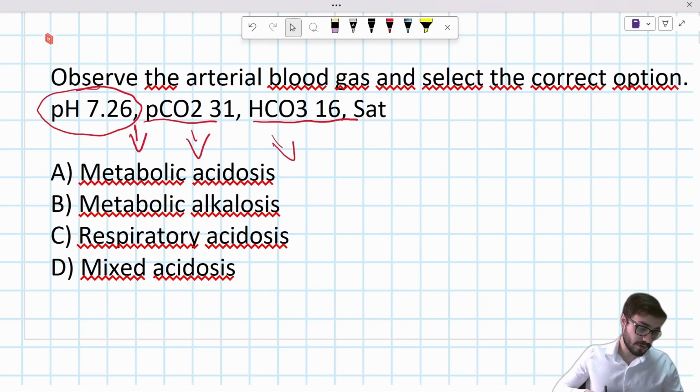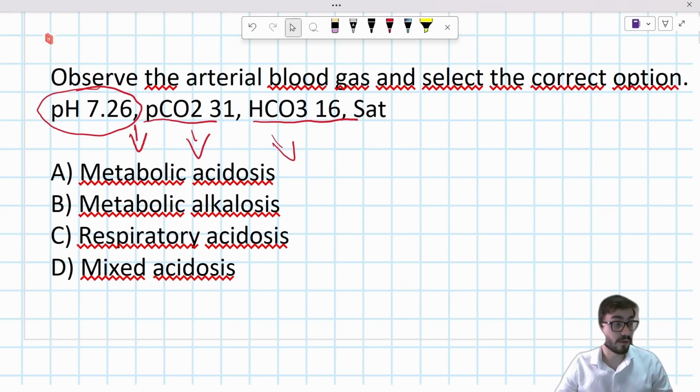Okay, we have a metabolic acidosis, metabolic alkalosis, respiratory acidosis, and mixed acidosis. That will be a topic of another class.